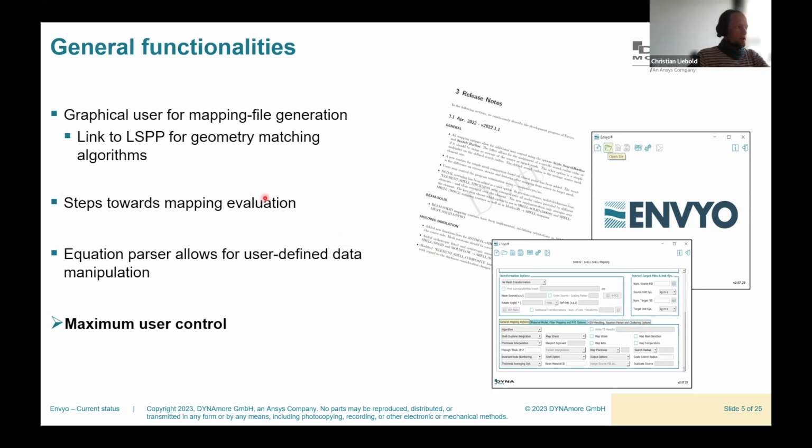We are working on, and currently it's still in progress, steps toward evaluation of the mapping data. That's kind of a hard topic because you always have to think about what the reference actually is. If you start to transfer data and average the data, you already lose some information.